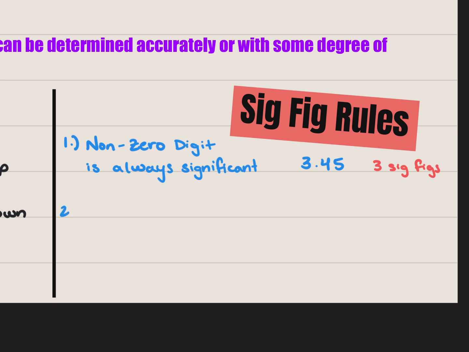Our second rule is that any zero between two significant digits is significant.